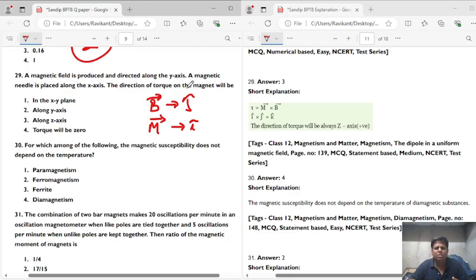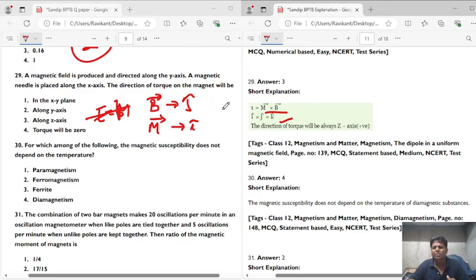The direction of the torque on the magnet will be, so torque is given as tau equals m vector cross B vector. So m vector cross B vector means i cross j. So i cross j is equal to k cap. So k cap means in the positive z direction.